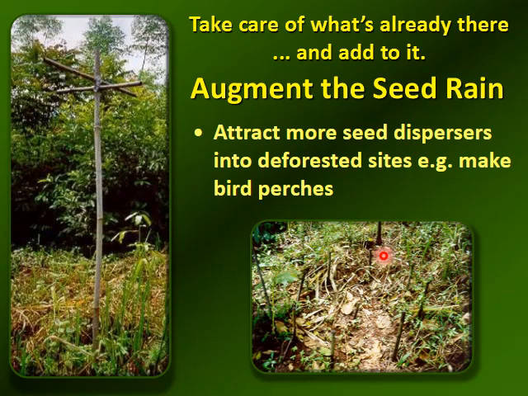Birds will come and sit on almost anything that you can put out there, and as they do, they drop the seeds of all the other forest trees that they've been eating in the near past.